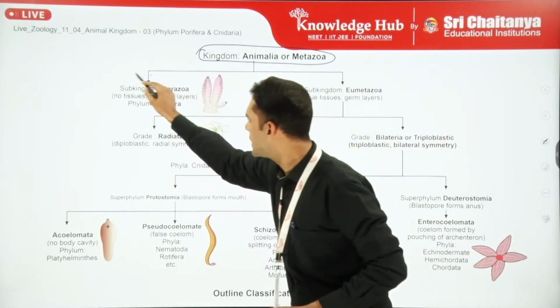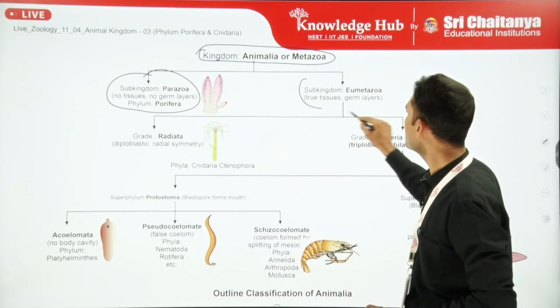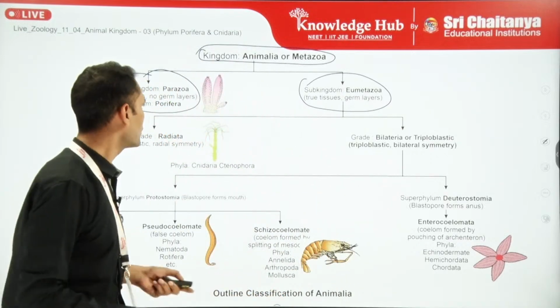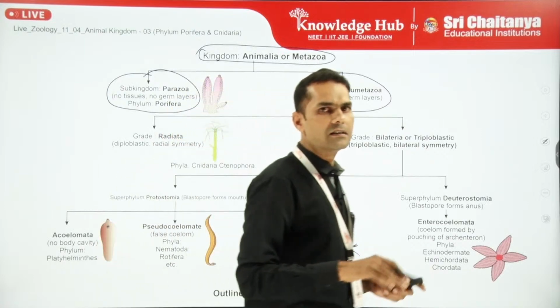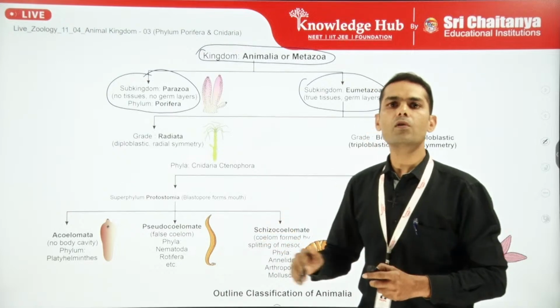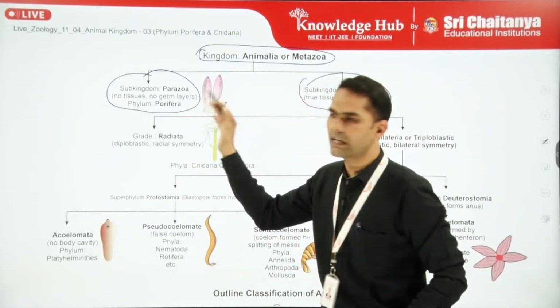The first is the subkingdom Parazoa and the next one is the subkingdom Eumetazoa. Eu means true and Metazoa means animals. In Parazoa there is no differentiation, there are no tissues, there are no germ layers, and hence it is the most primitive and the basic classification of the kingdom Animalia.